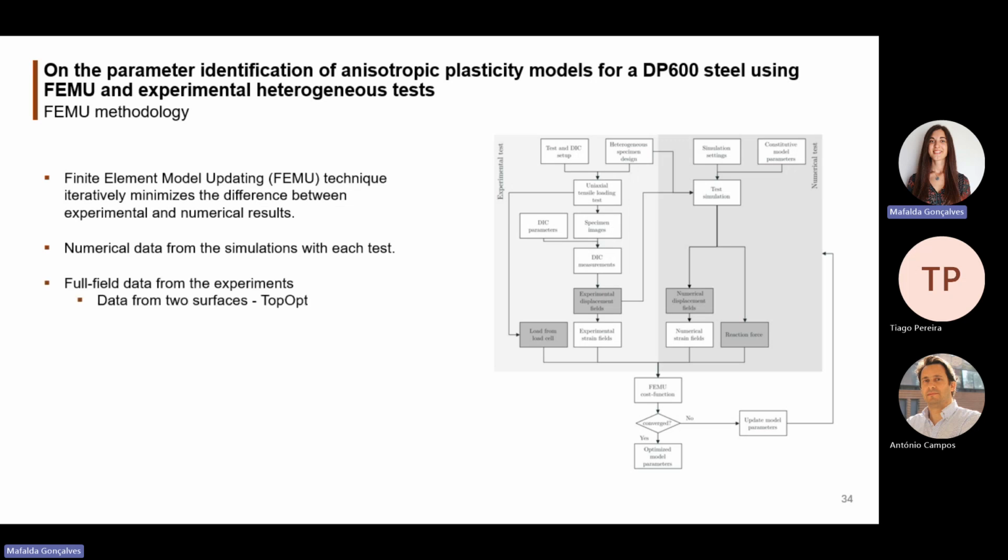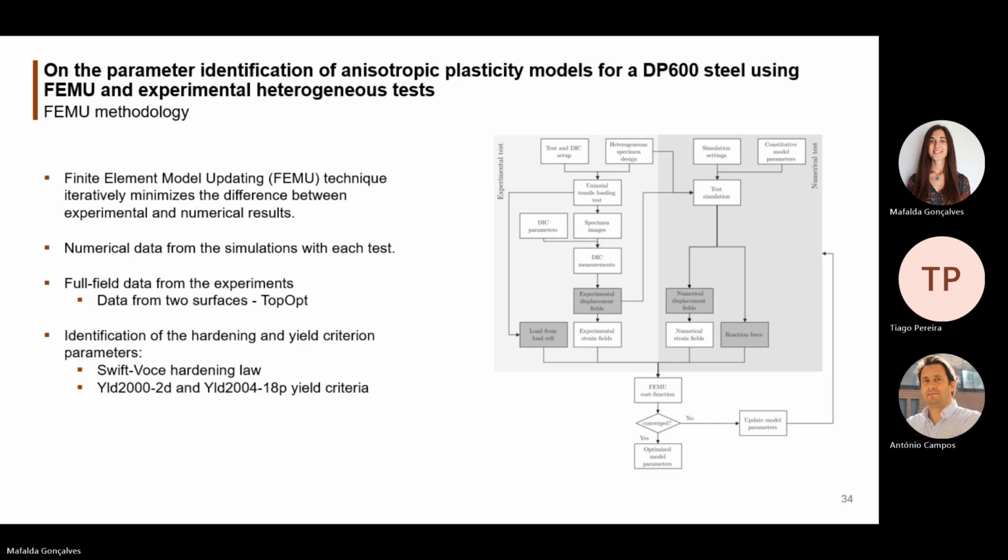In the case of the top-up test, data from each surface was also extracted from the simulation, and they were used as two different tests for the calibration of the model. This optimization led to the identification of the hardening and yield criterion parameters, for the Swift-Bosch hardening law and the Yld2000-2D and Yld2004 yield criteria.